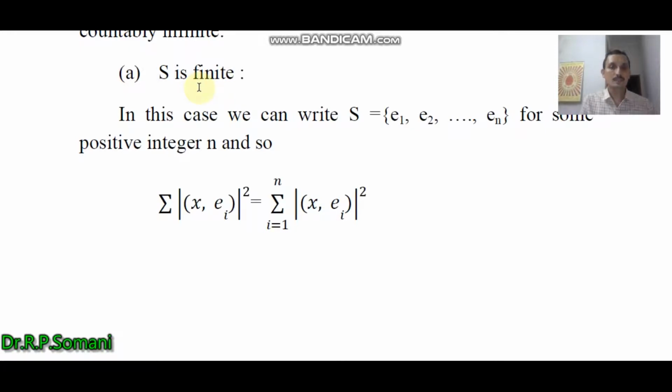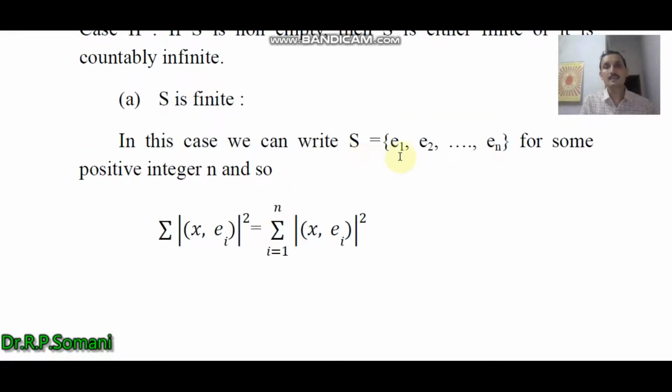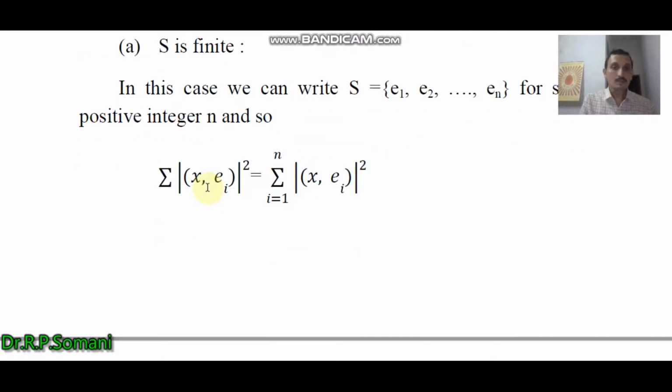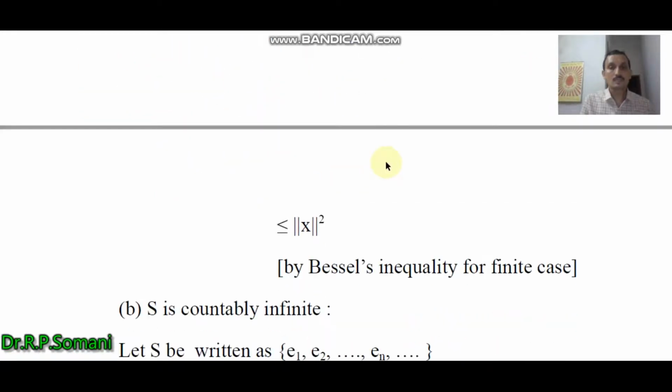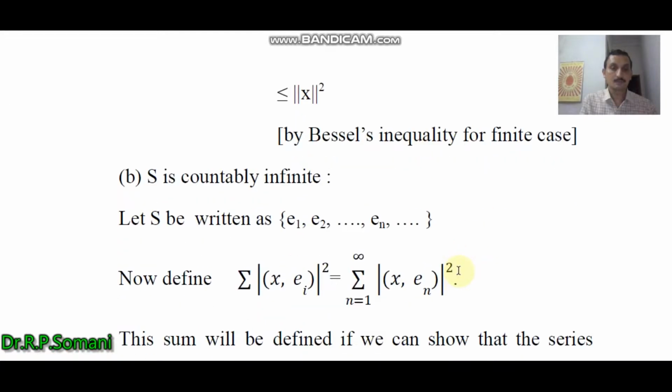In this case we can write the elements of S as e1, e2 and so on up to en, for some positive integer n, and so the summation of |⟨x, ei⟩|² equals the summation i varying from 1 to n of |⟨x, ei⟩|². So this is less than or equal to ||x||² by Bessel's inequality for the finite case.